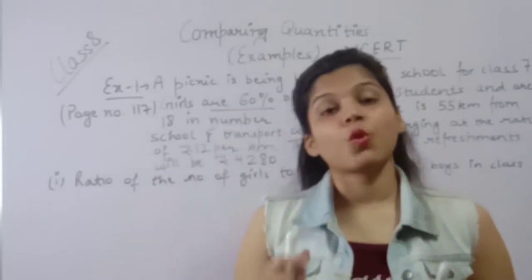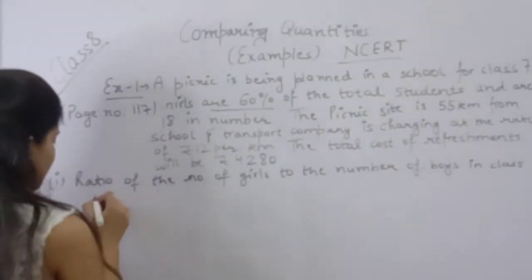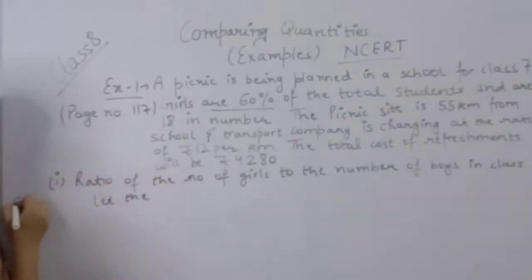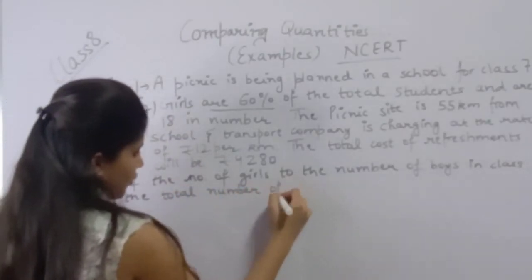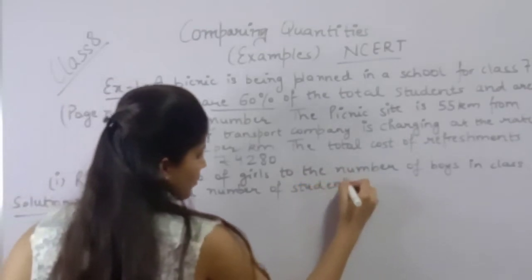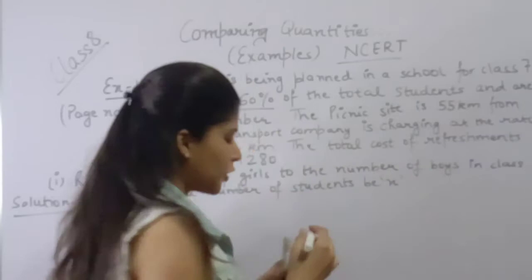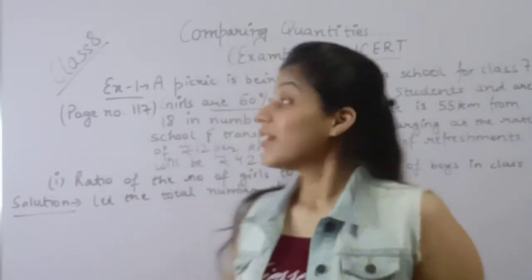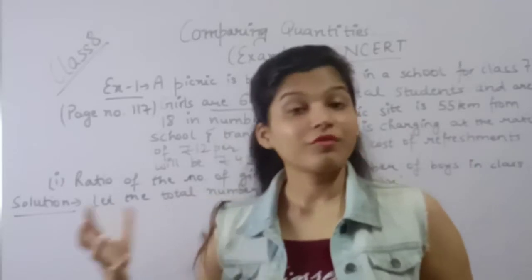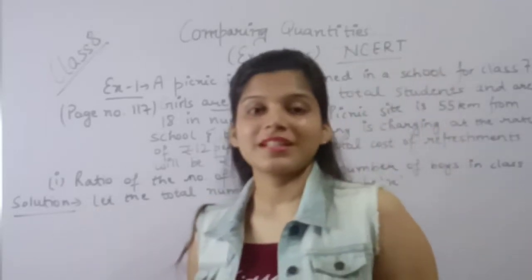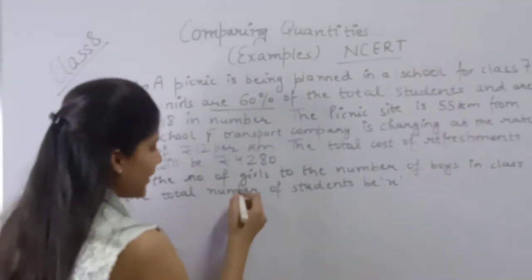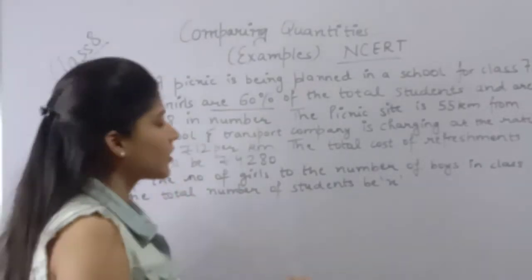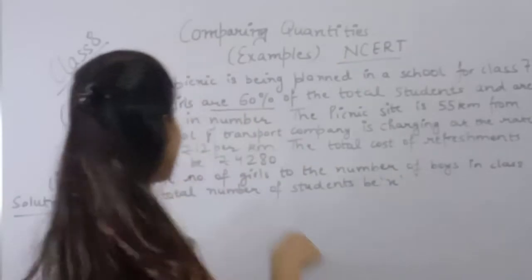So if we let the total number of students be x, then 60% of x is the number of girls, right? Number of boys will be the remaining 40%. But here we have to find the total number of students from the number of girls, which are 18 in number.